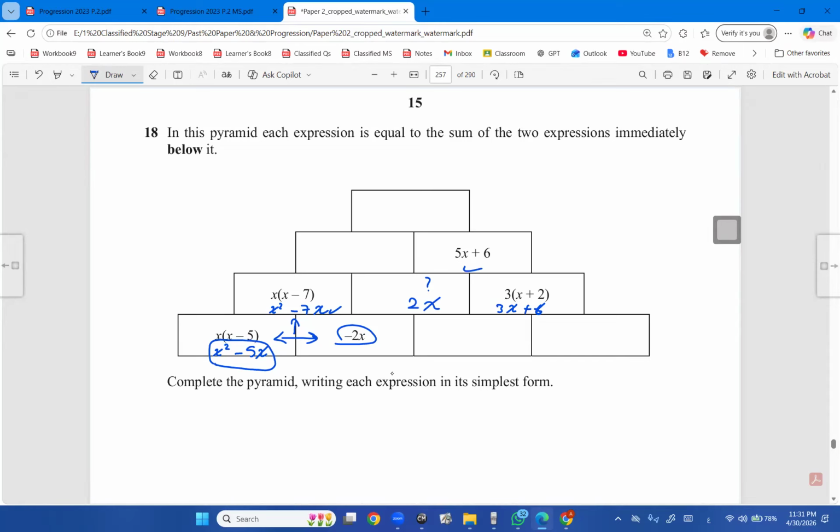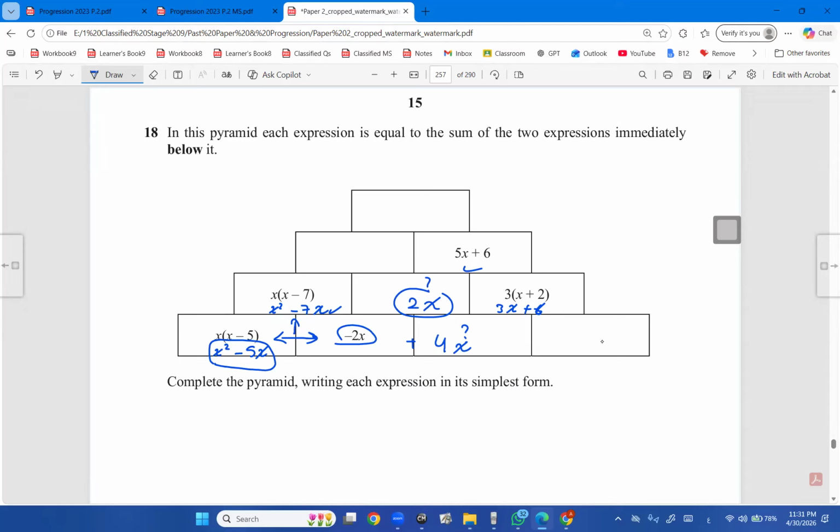Good. Now, mister, what else can I do? Look at that. Negative 2x plus what will give you 2x? Okay, negative 2x plus 4x. You add them up, they will give you 2x. Excellent. Now, x plus what will give you 3x plus 6?